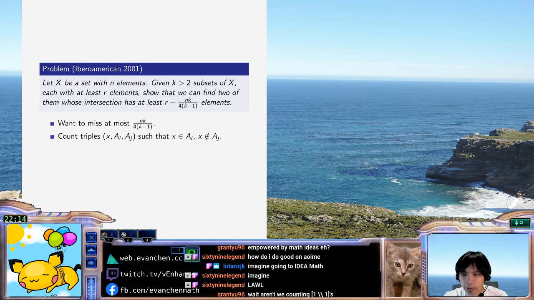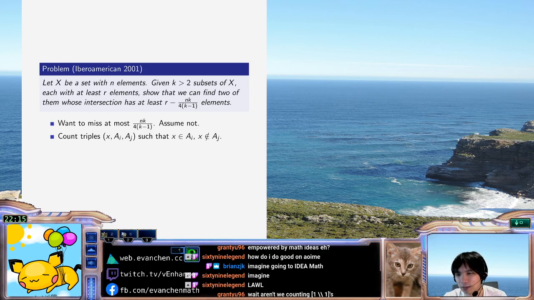Assume not. Then we count the number of triples. On the one hand, if I do it by the pairs, I find that there's at least... we can count intersections if you want. That's okay too. Okay, let's count.